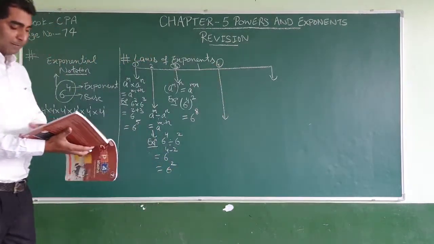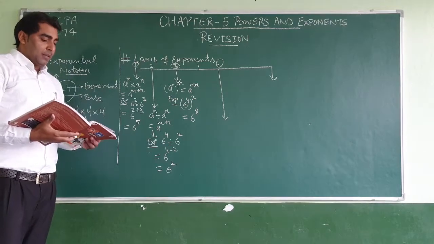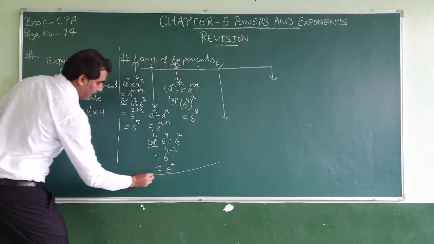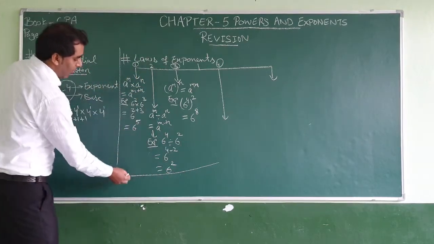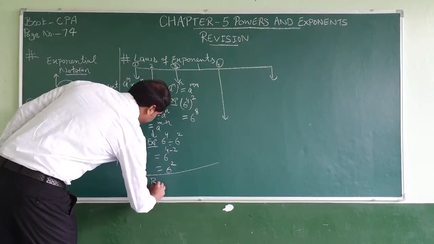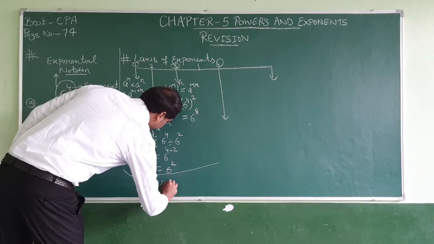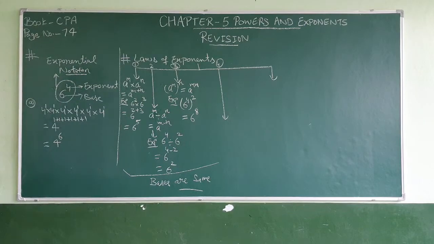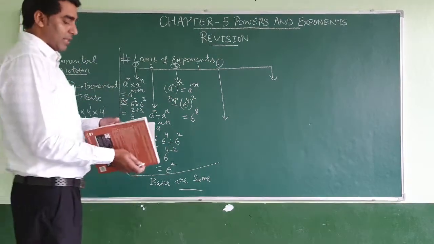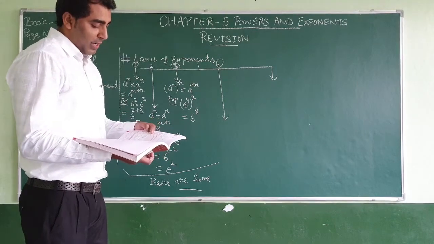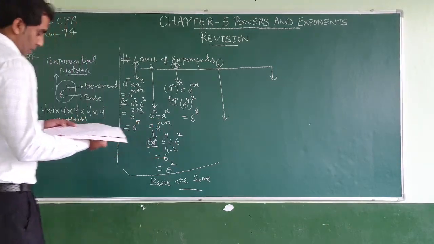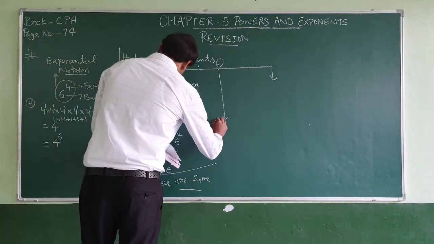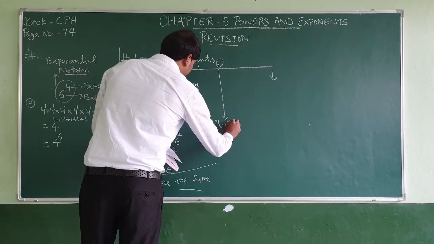What is the fourth one? Multiplying numbers with the same exponent. These first three laws depend on the bases being the same. Now the fourth is multiplying numbers with the same exponents: a power n multiply b power n.